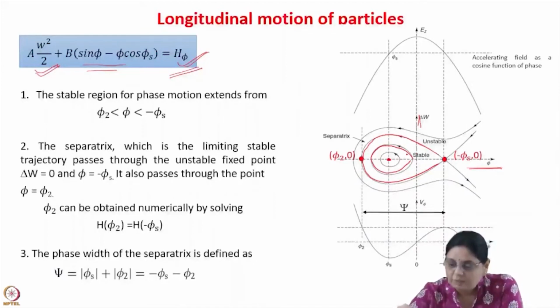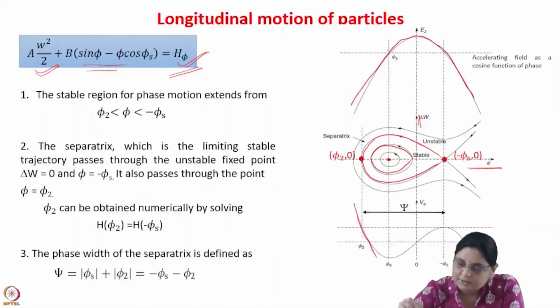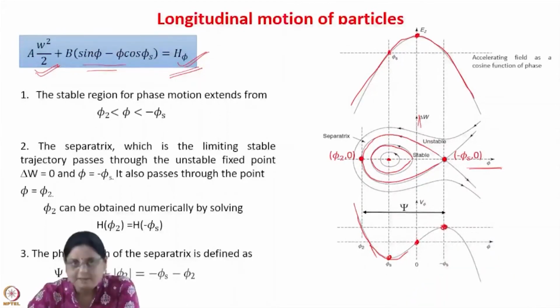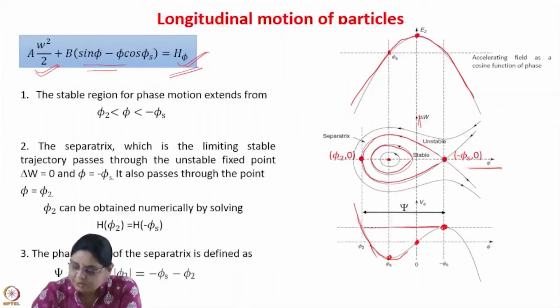So we have seen the form of the potential. This is the electric field. This is the synchronous phase, and we see that at the synchronous phase the potential has a minima. At phi equal to 0, the potential is 0. It has a maxima for phi equal to minus phi_s, and the extent of the stable motion extends from minus phi_s to phi_2.